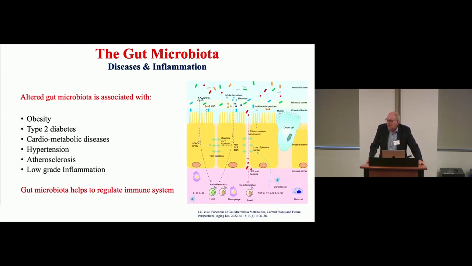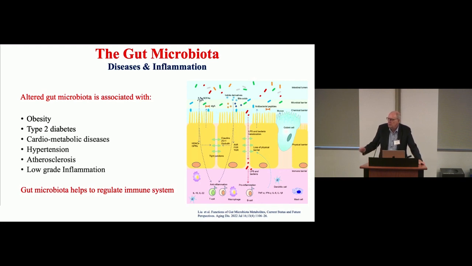As Angela Fleischmann actually addressed previously today in a wonderful talk, the altered gut microbiota is associated with several diseases, but the headline of all these is chronic inflammation, obesity, type 2 diabetes mellitus, cardiometabolic diseases, hypertension, atherosclerosis, and low-grade inflammation.